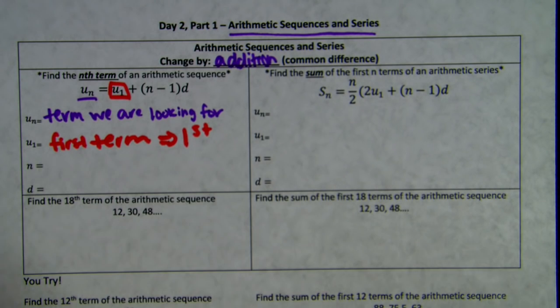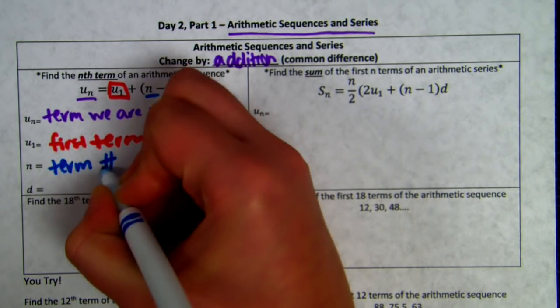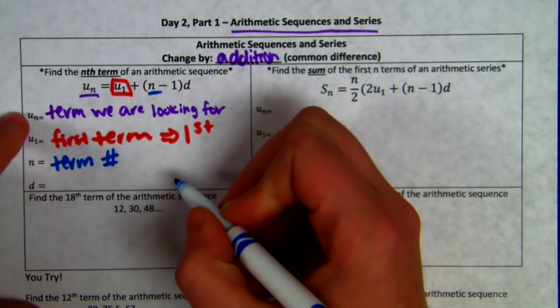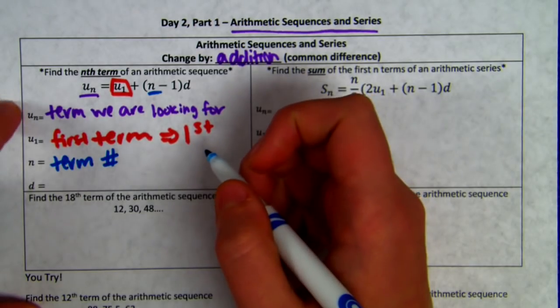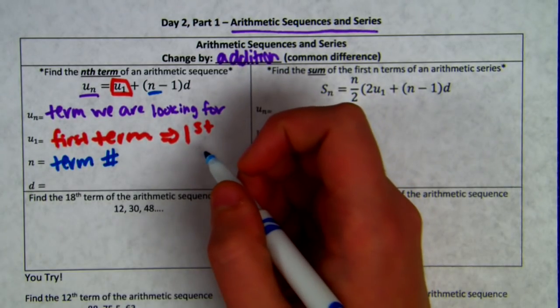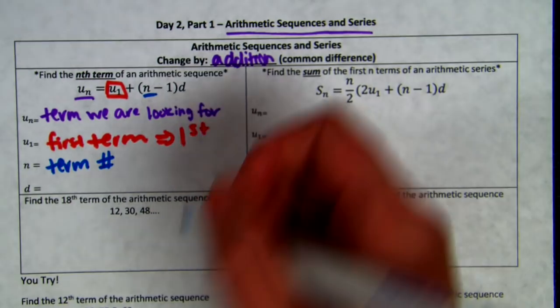So n, which we can find right here, is the term number. So if we are looking for the 11th term, n would be the term number, so n would equal 11 and Un would equal that value.